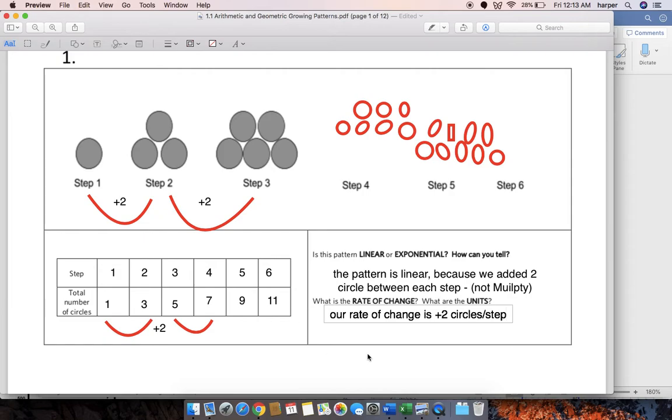All right, so our rate of change is plus 2 circles per step, and that's actually our units right here. Remember, a slash is per step. Okay.